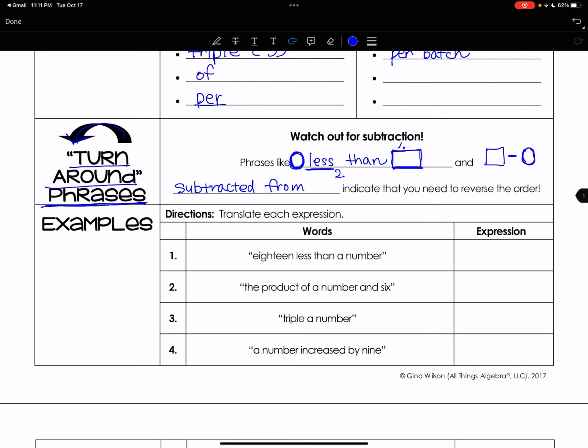So for example, a number can be translated, because we don't know what the number is, as x. So based on this turnaround phrase, a number comes first as x, and then less comes as negative, and then you're gonna write 18.